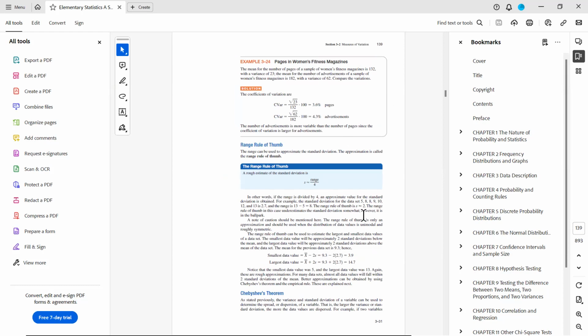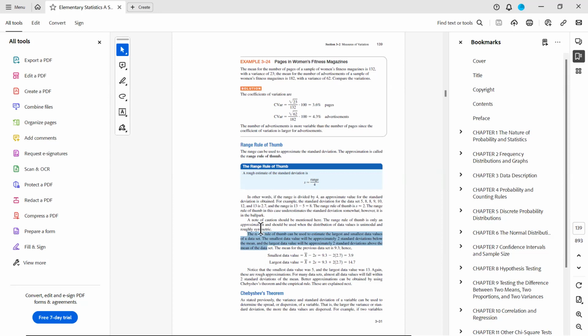The range rule of thumb can also be used to estimate the largest and smallest data values of a data set. But if you only have 2 values, you divide the range by 4.